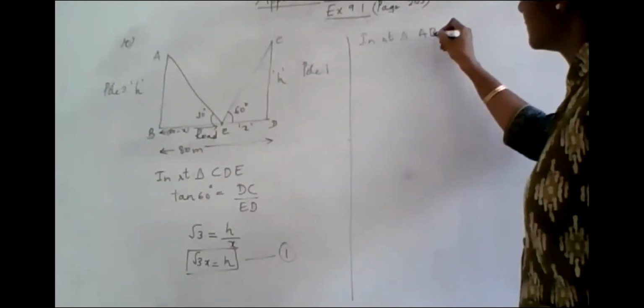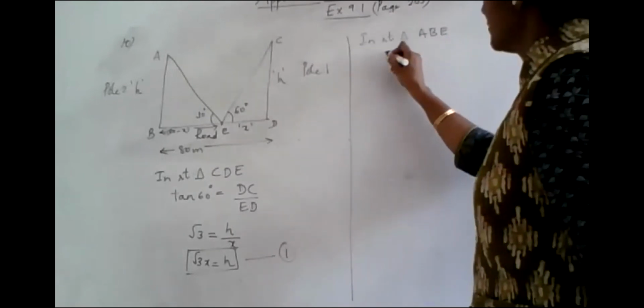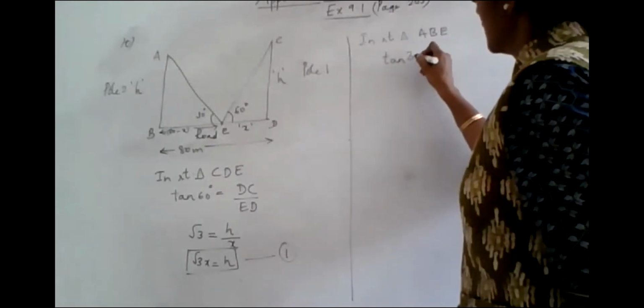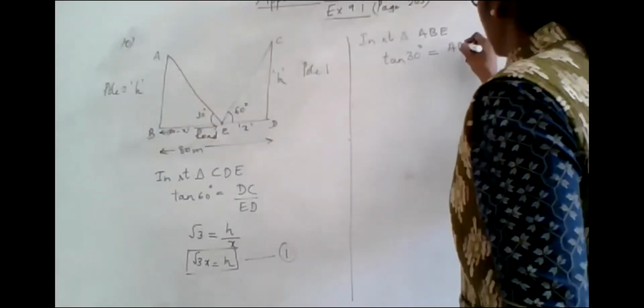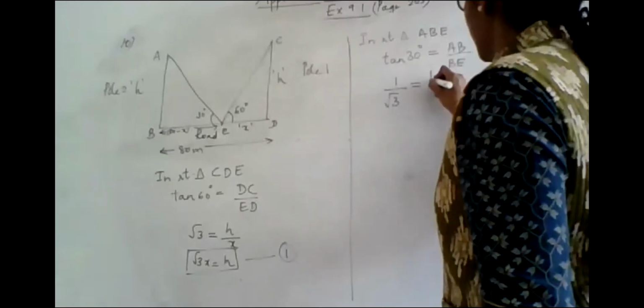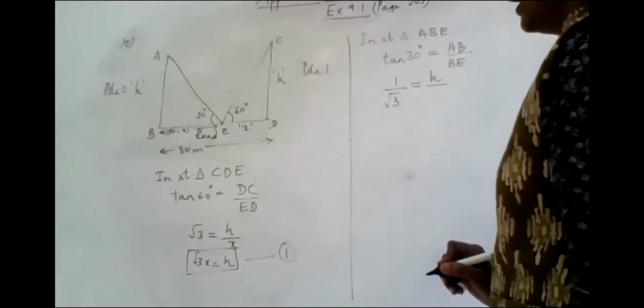Okay. The next triangle I have is in right triangle ABE. I have tan of 30 will be equal to opposite, which is AB, divided by the adjacent, which is BE. Alright, so tan 30, I know the value is 1 by root 3, is equal to AB, which I have taken as the height of the pole, and BE is 80 minus x.